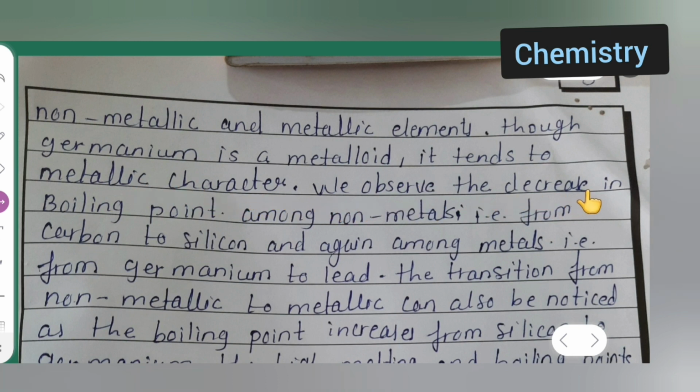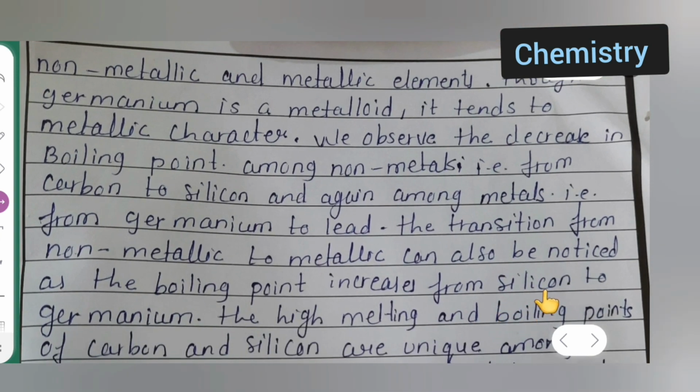We observe the decrease in boiling point among non-metals, that is from carbon to silicon, and again among metals, that is from germanium to lead. The transition from non-metallic to metallic can also be noticed, as the boiling point increases from silicon to germanium.